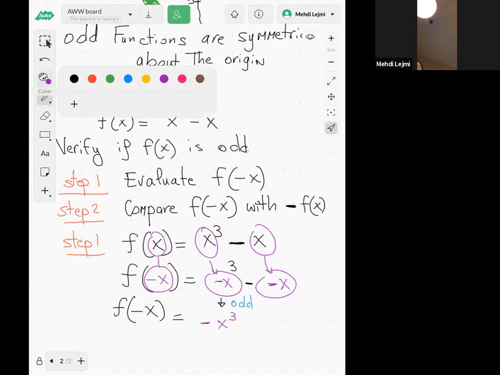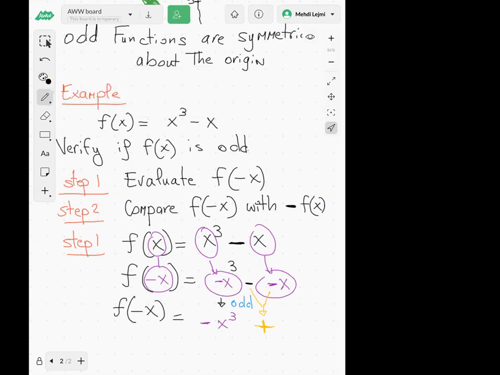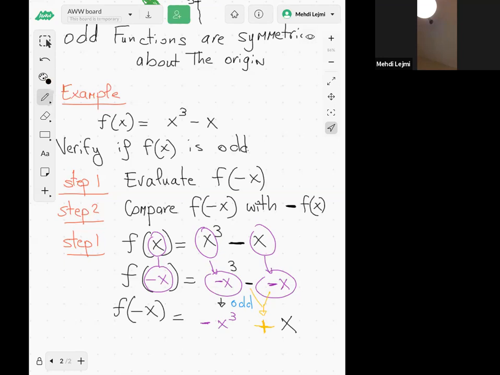And then, as you can see, guys, here there's no power, right? Here we have minus, so two minus signs. Minus and minus would be a plus. So it's plus x. So that's my f of minus x.